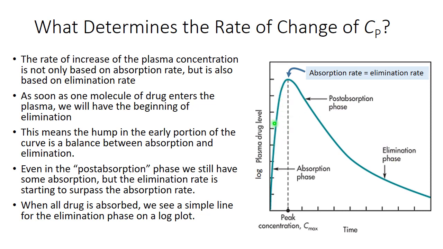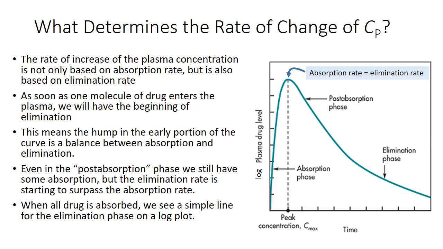The absorption phase always has absorption, distribution, and elimination. The post-absorption phase also has absorption, distribution, and elimination, but the absorption is a little slower than the elimination. In the elimination phase, the absorption is totally complete, but we still have distribution back out of any tissues that have a slower distribution.